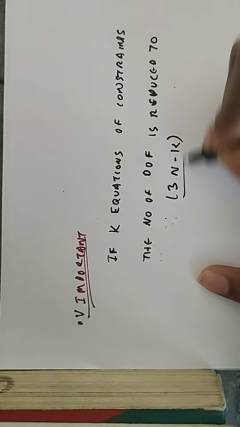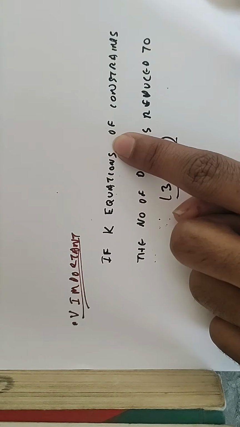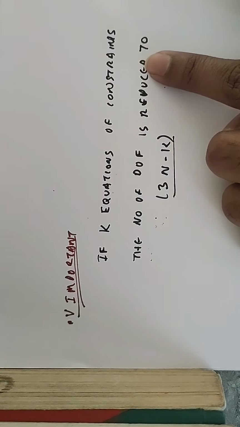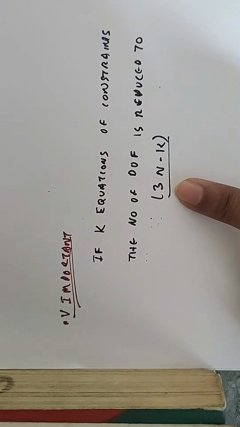Alright, this is an equation. So if there are k equations of constraints, the number of degrees of freedom is reduced to 3n minus k.